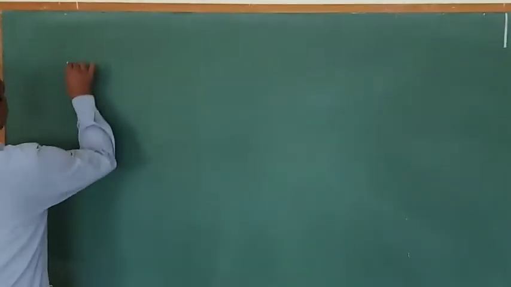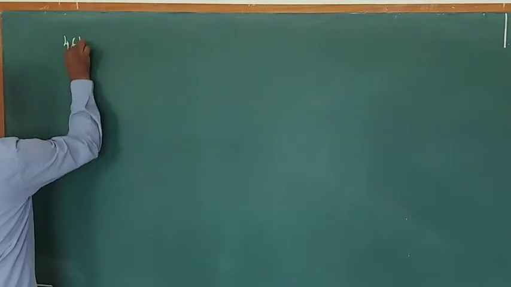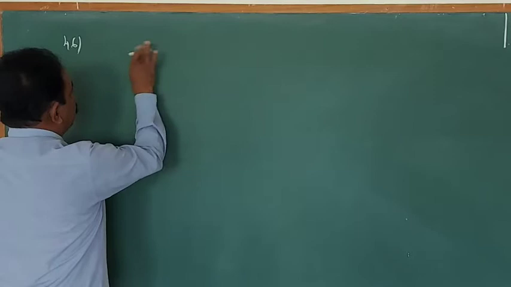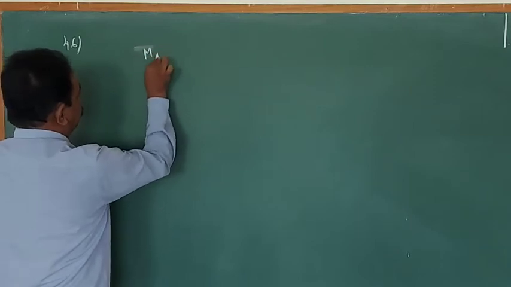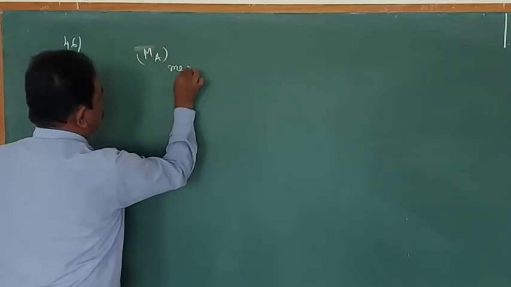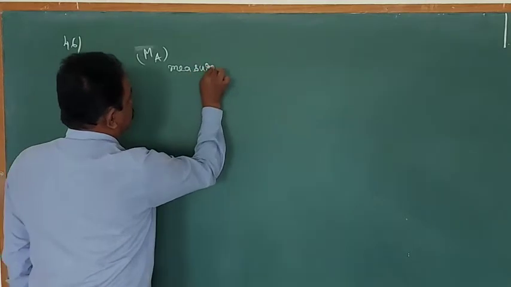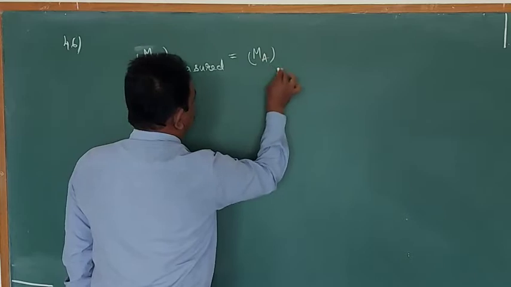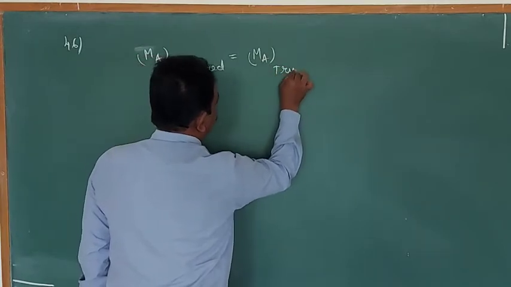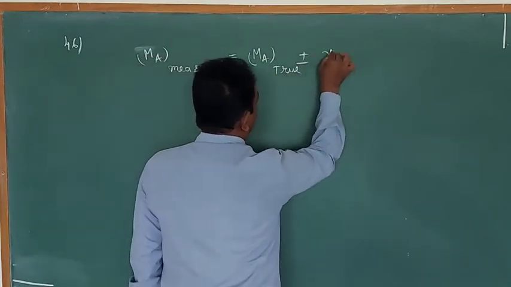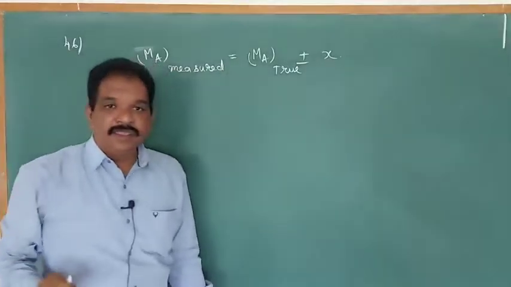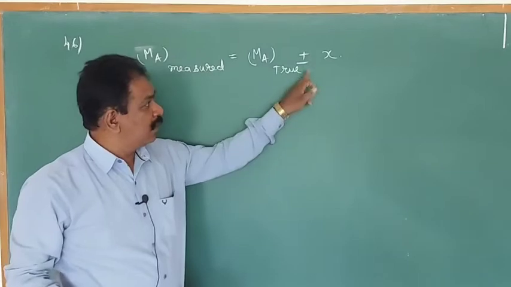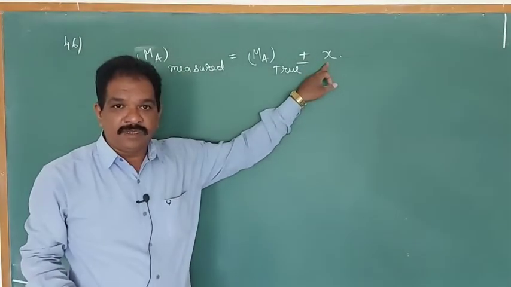If you take MA, they used capital, so capital MA measured is equal to capital MA true value plus or minus error. Error will depend on the device. I am assuming error may be positive, may be negative.